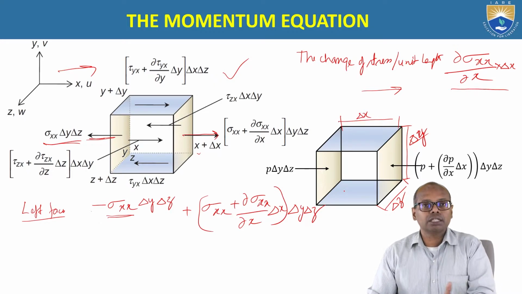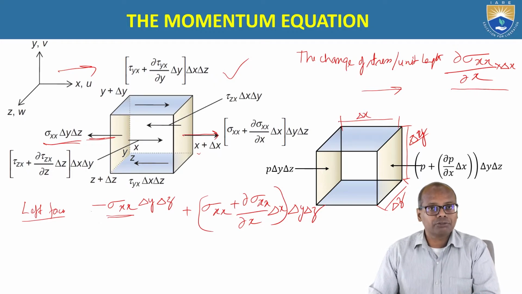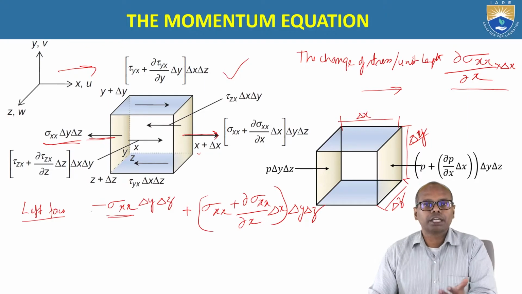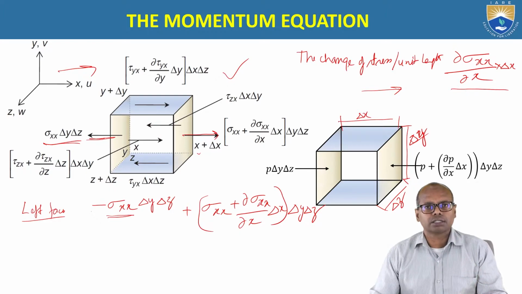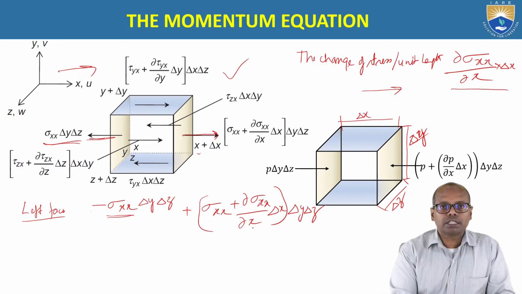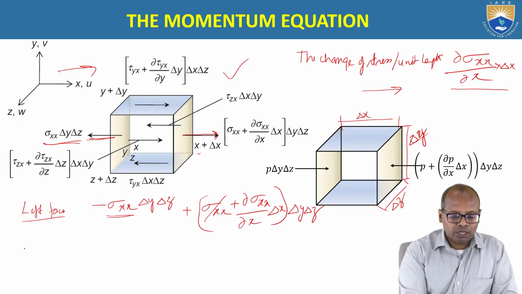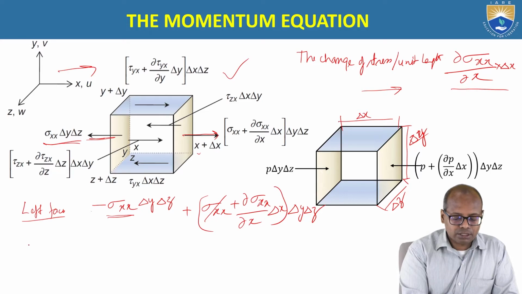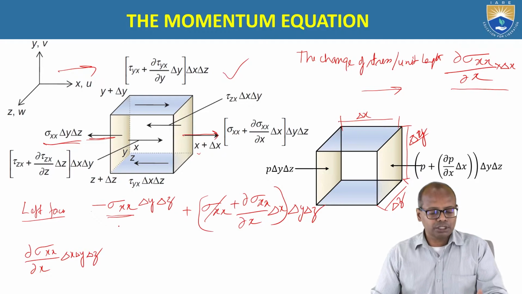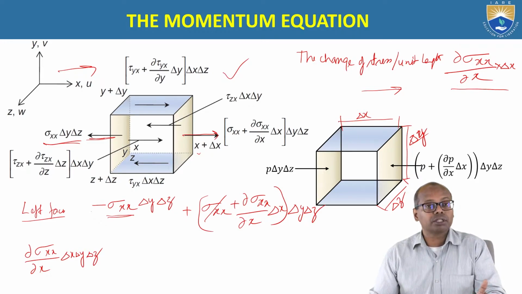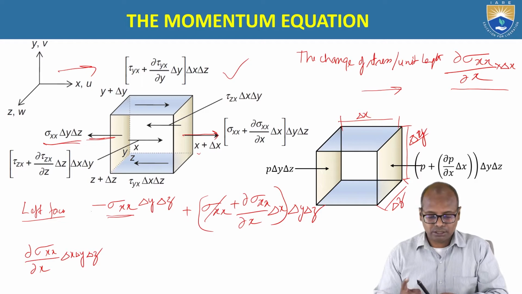This is the force acting on the right face, and this force is because of the normal stresses. What is the sum of these? One is a negative value and the other is a positive value, and what you will remain with is dou sigma xx by dou x into delta x, delta y, delta z. So this is the value you are left with when you consider the normal stress.